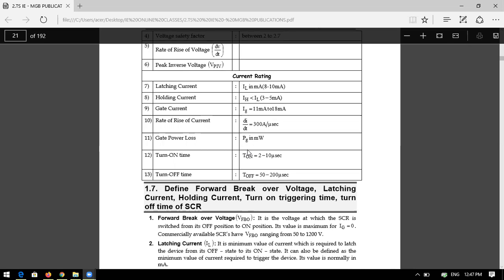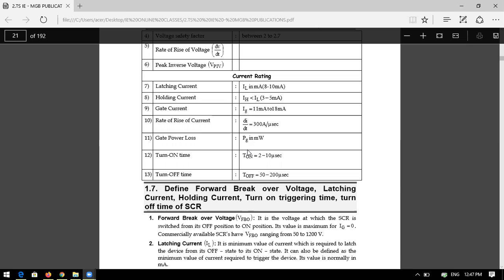That is, IL is 8 to 10 milliamperes, and holding current IH is about 3 to 5 milliamperes only. Gate current is 11 to 18 milliamperes. The rate of rise of current di by dt is 300 amperes per microsecond. Okay, the di by dt rating is 300 amperes per microsecond.